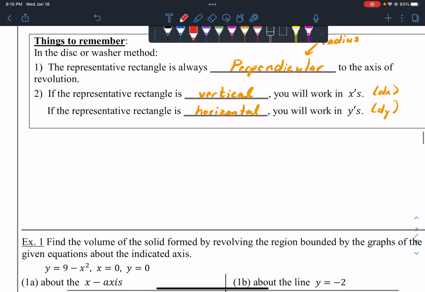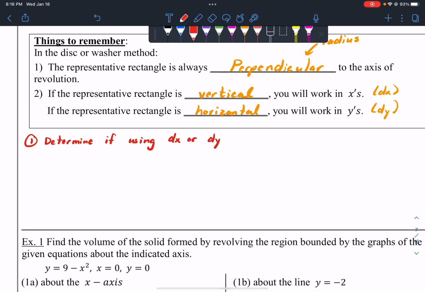Now let's go through our steps. We're going to do the same general steps that we talked about with cross sections. Number one will always be to determine dx or dy. So determine if using dx or dy. And that really has to do with what the radius is perpendicular to in terms of what your axis of revolution is.